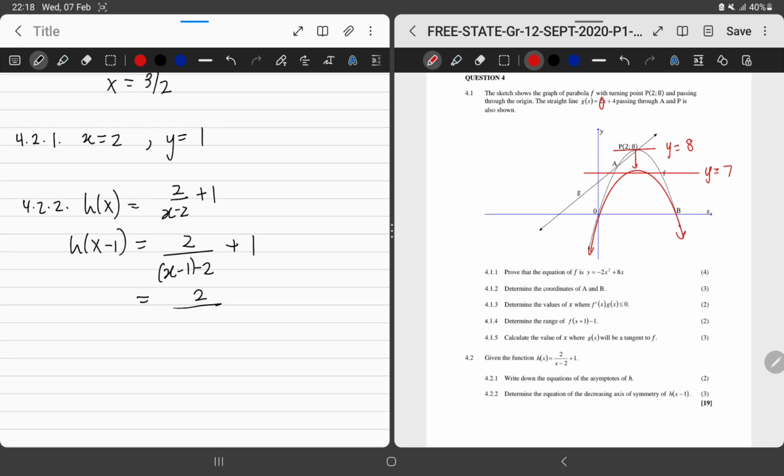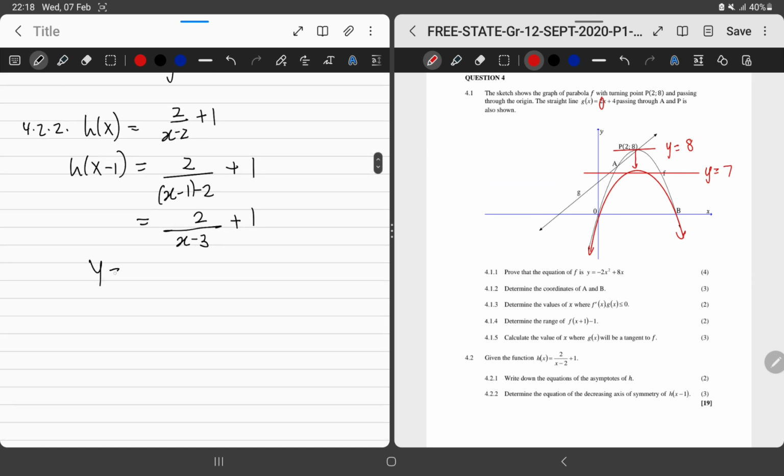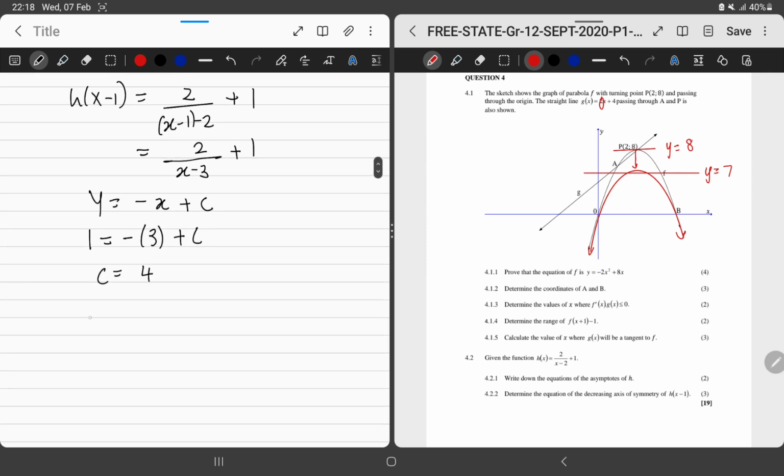So this is 2 over x minus 3, plus 1. And then y is equal to minus x plus c. And then I'm just going to take this value and that value and substitute. The y value is 1 and the x value is 3, because this is x minus 3, which is equal to 0. So x should be equal to 3, plus c. So c is equal to 4. The equation will be minus x plus 4.